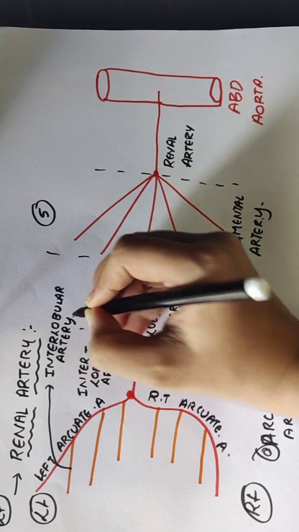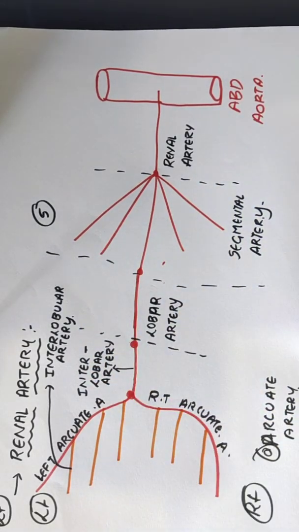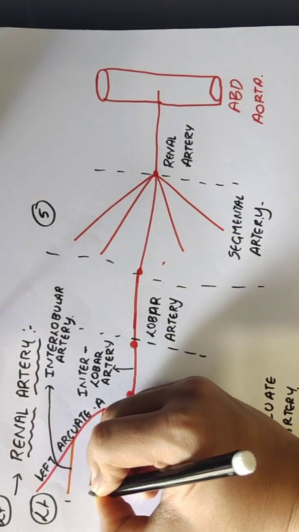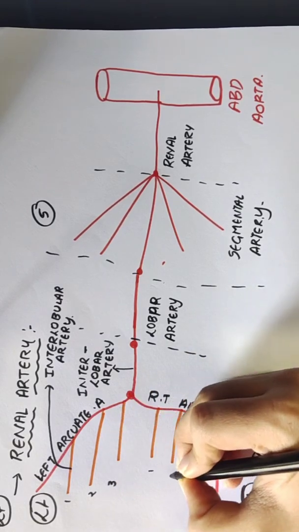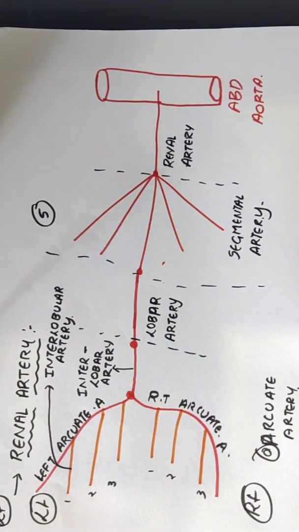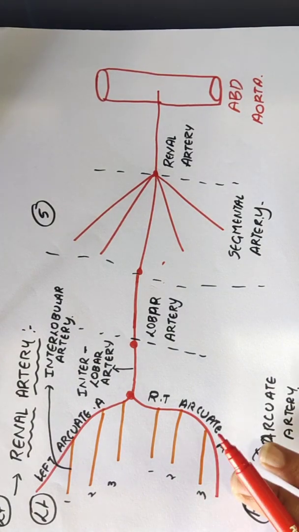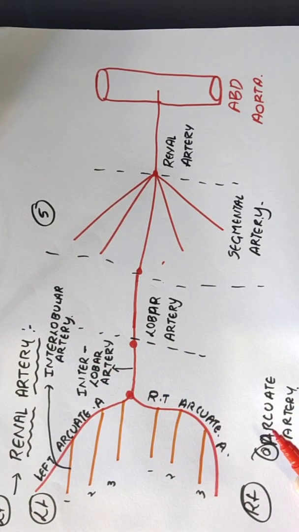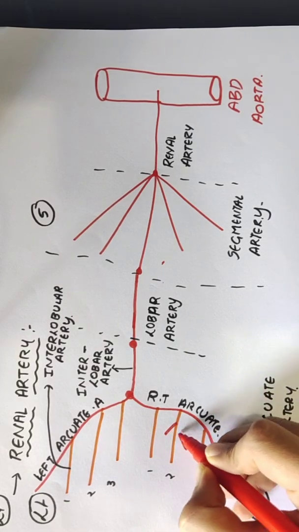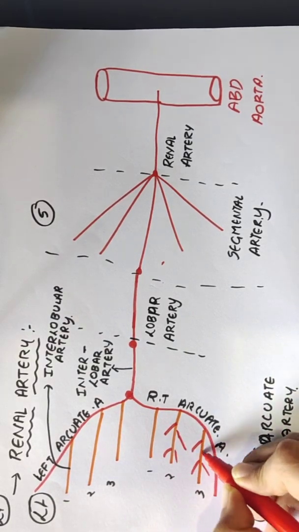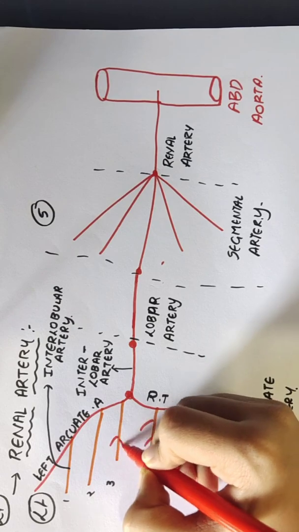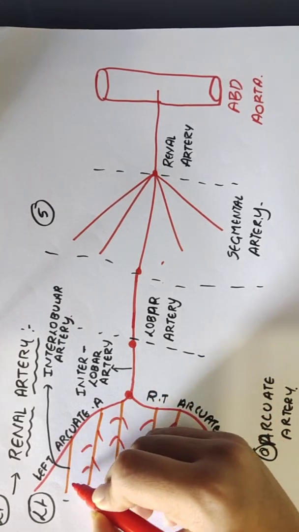Don't confuse the interlobar artery and the interlobular artery. So there is 1, 2, 3, 1, 2, 3. So 3 interlobular arteries are present on both sides. Further, this interlobular artery gives off the efferent arterioles. So each branch gives off some.